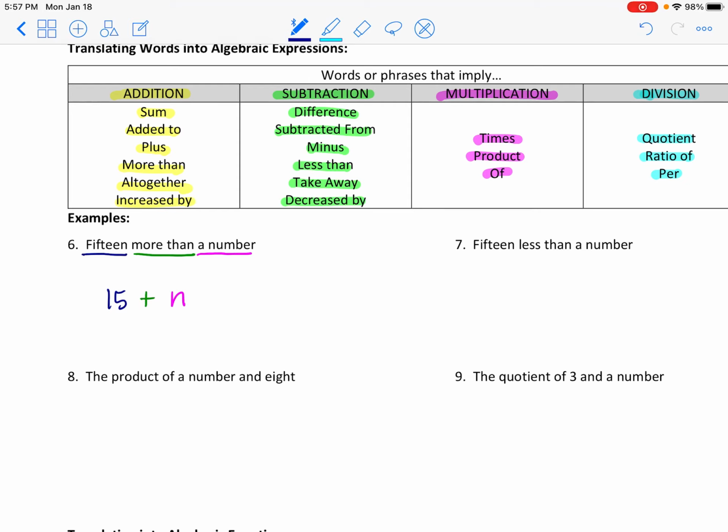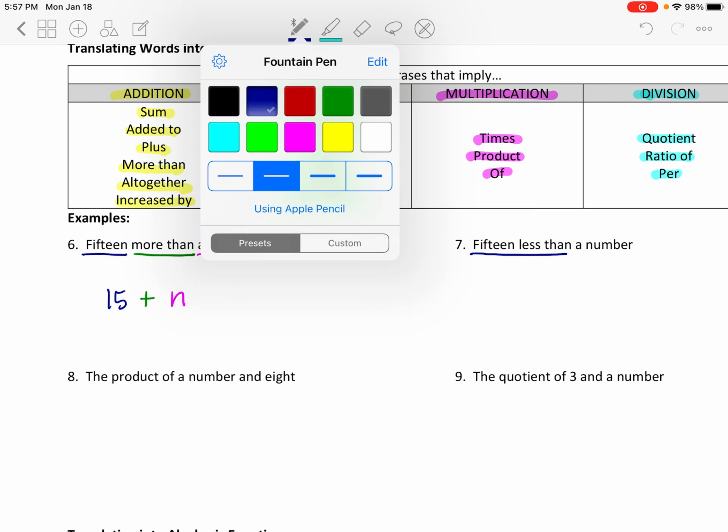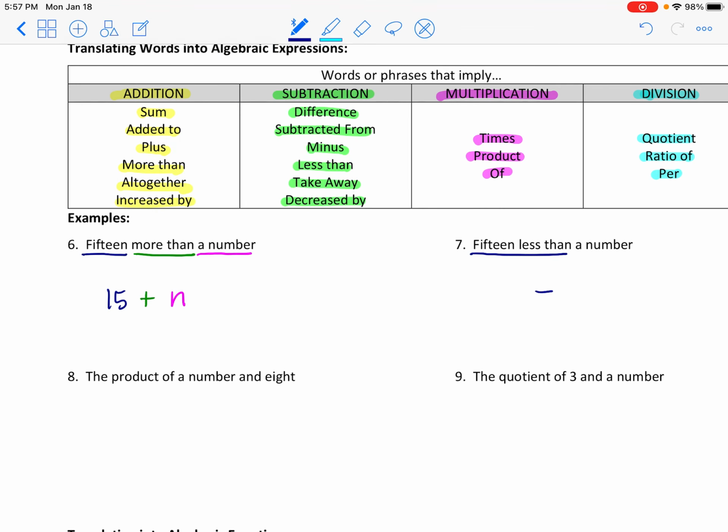So 15 less means subtract 15 from. So we actually got to go a little backwards here. 15 is the number 15, but I'm going to put it over here. Okay, 15 less than means subtract 15 from something. And then we're subtracting it from a number, which we're going to call n. So subtract 15 from the number.